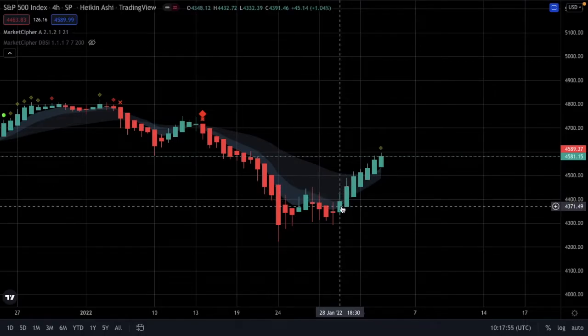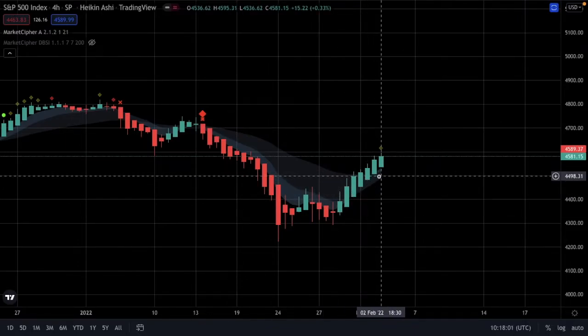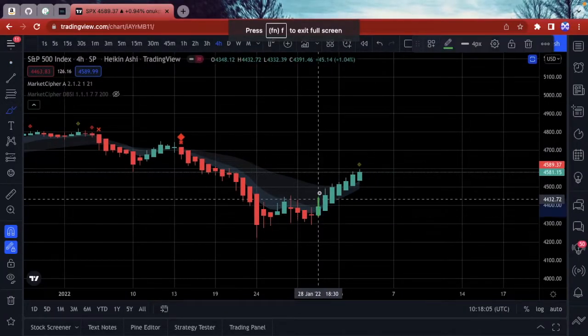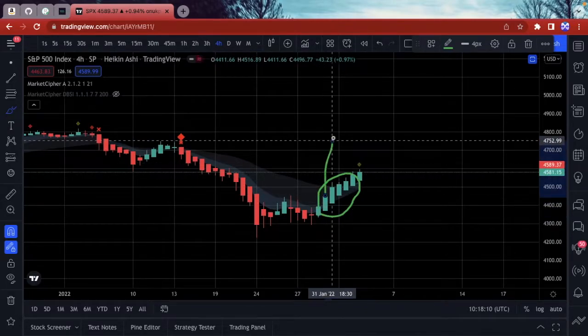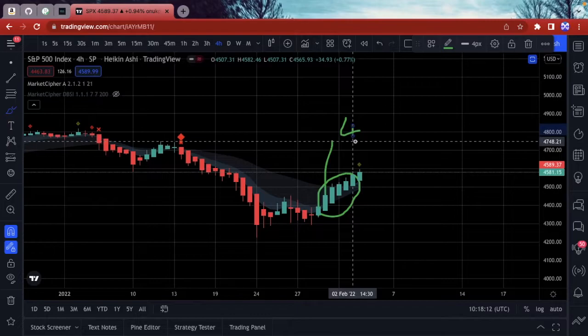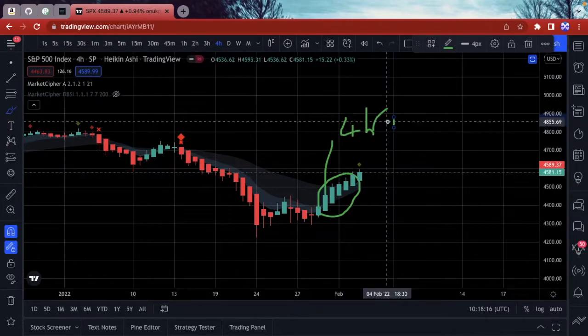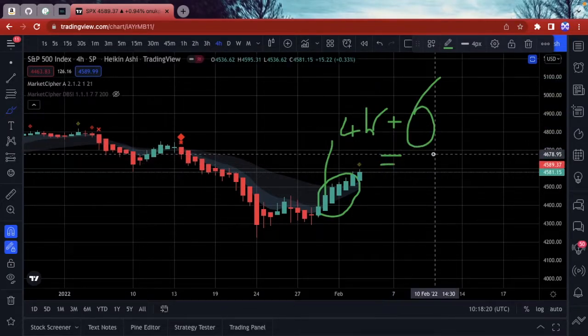So if this whole candle is a 4 hour time frame, then 1, 2, 3, 4, 5, 6 candles make a full given day. In other words, for a full day, I need 6 candles of a 4 hour time frame. So 4 hours multiplied by 6 candlesticks gives me a full day.